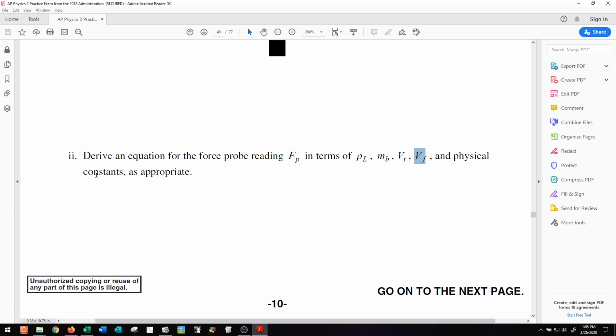Physical constants just means something like g for gravity. Those terms must be in your answer. You can't omit one or two. You have to put all these terms into the answer. So take some time, work through that, and the next video I post will be a solution to this.